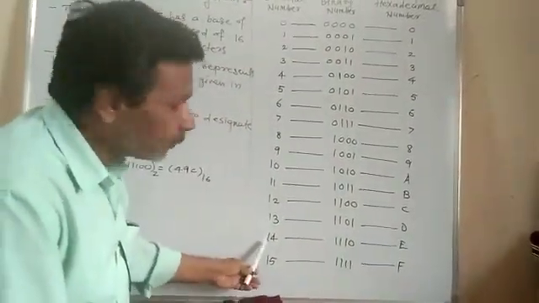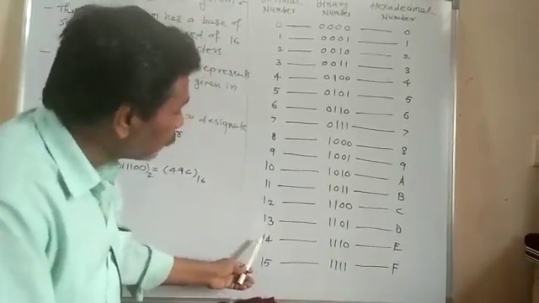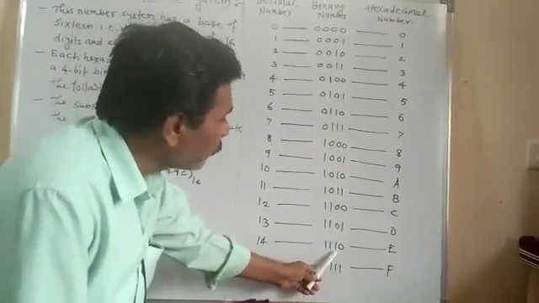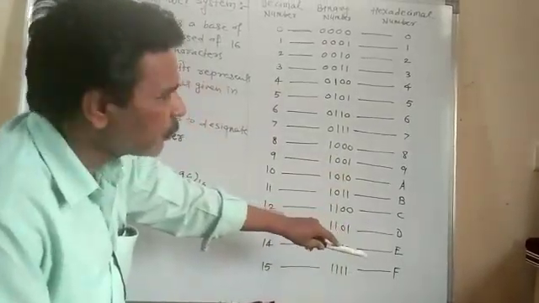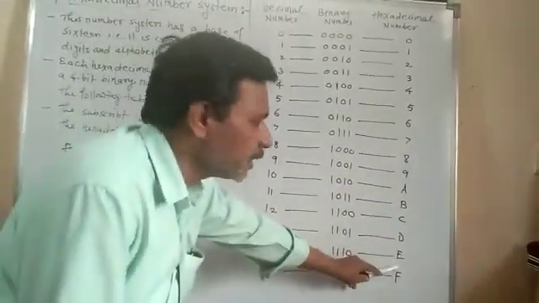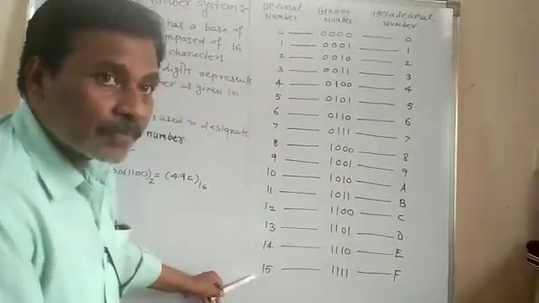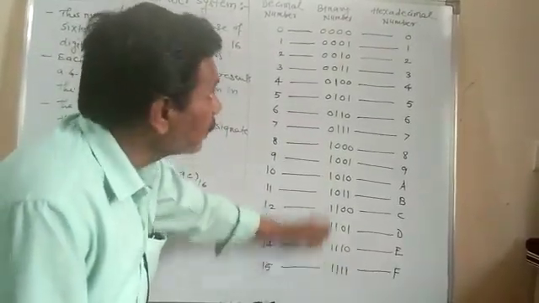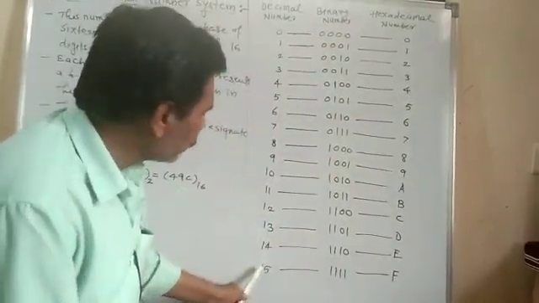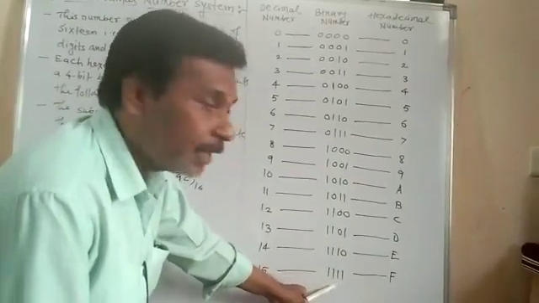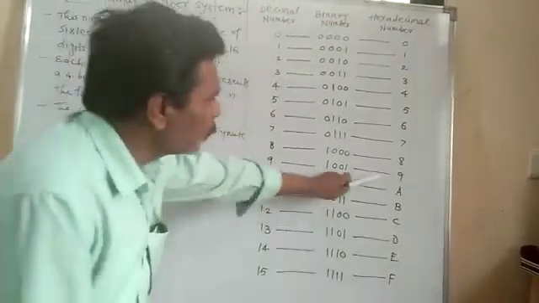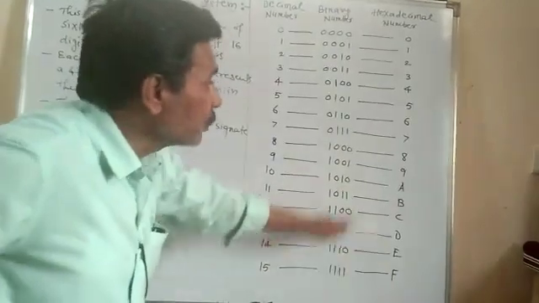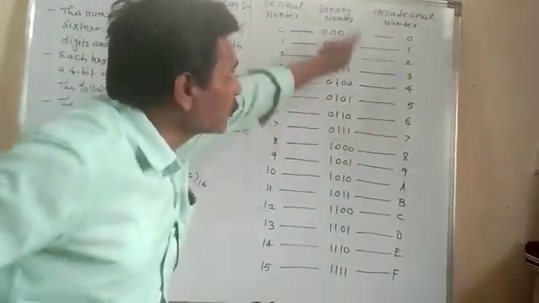For example, if we have decimal number 14, it is represented in binary as 1110, and in hexadecimal number system the same 14 is represented as E. And 15 in decimal, in binary it is 1111, but in hexadecimal number system it is represented as capital F. So A, B, C, D, E, F are the 6 alphabets used after 9.